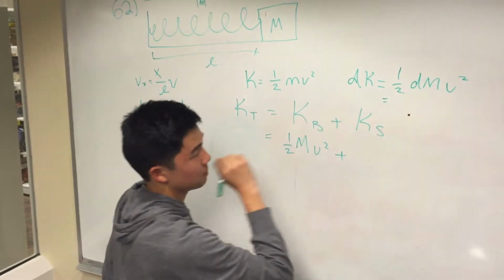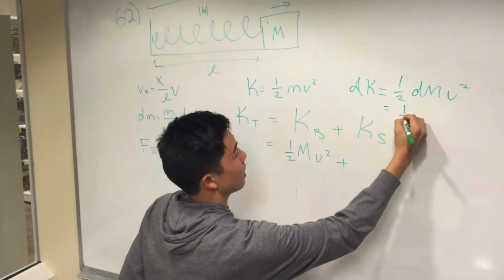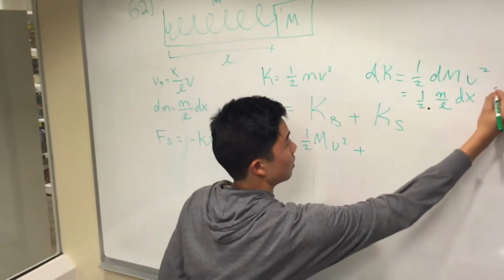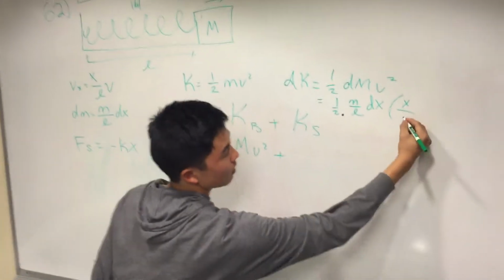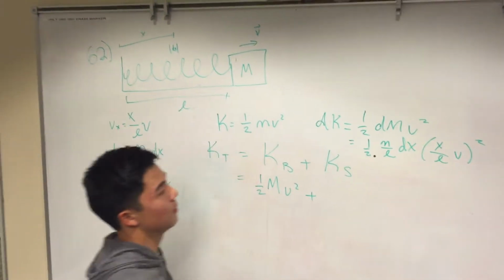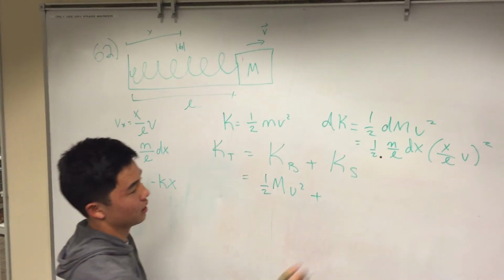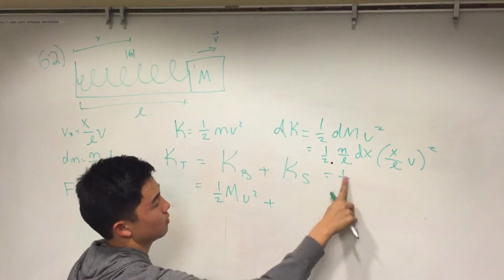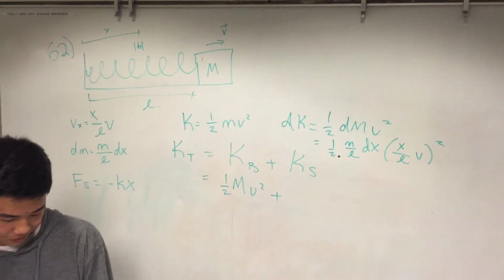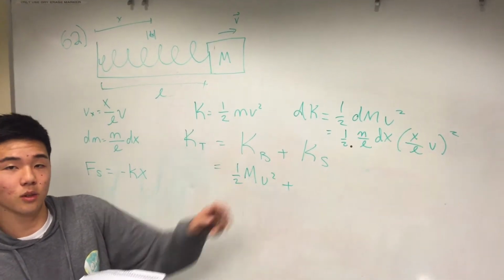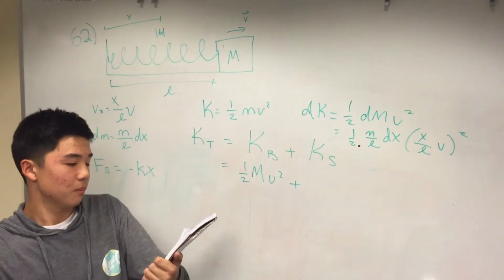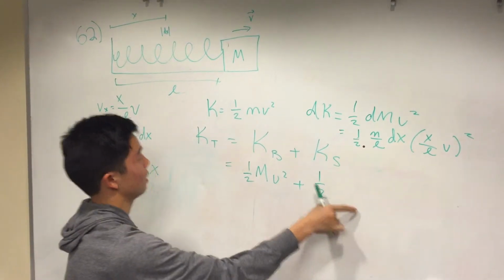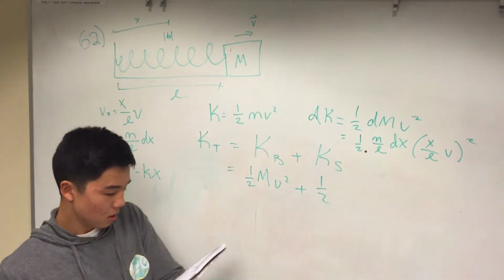The problem gives you these things, so you plug them in. So this becomes 1/2 m over L dx times x over L v squared. I'll simplify that later. So this k is all of the infinitely small k's added up. It's an integral, like summing up each k.